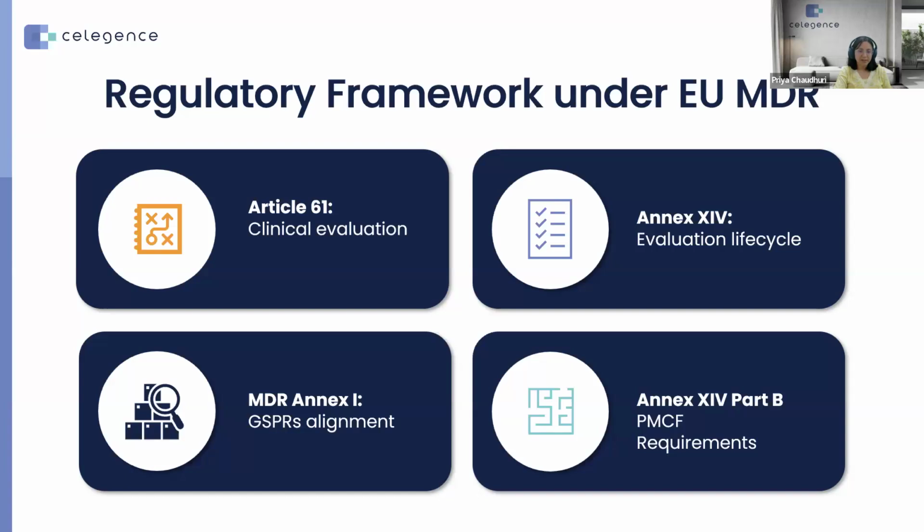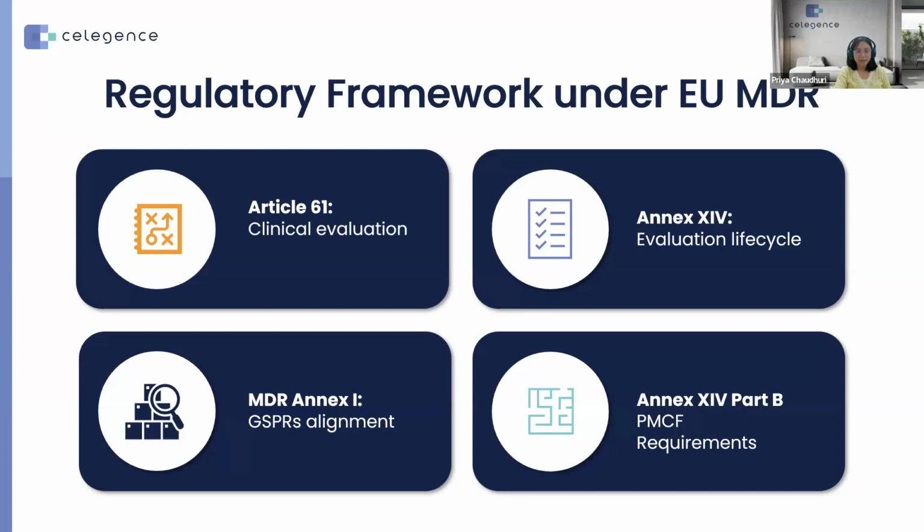So the first one, as all of us know, Article 61 is the starting point. It clearly states that all medical devices, regardless of the class, must undergo clinical evaluation. Especially classes 2a and 2b, which comprise moderate to high risk, which many dental implants and bone graft materials fall into, would require robust documentation, such as clinical evaluation planning and reporting, so that it meets the safety and performance requirements throughout its entire life cycle.